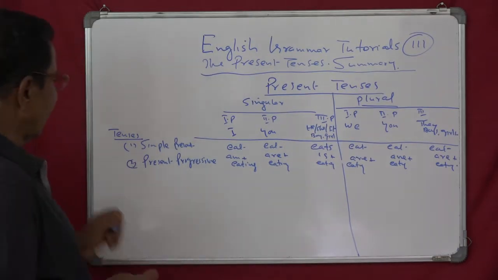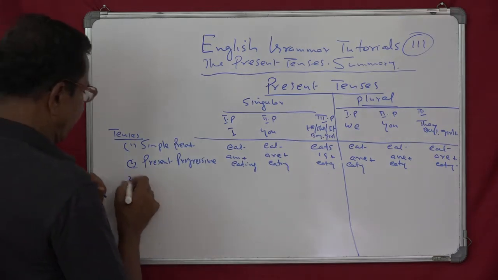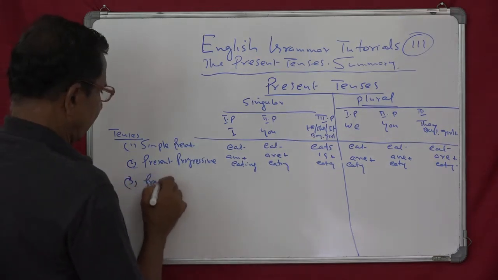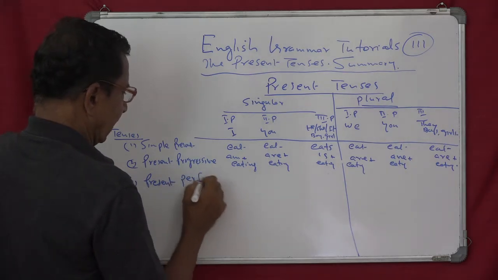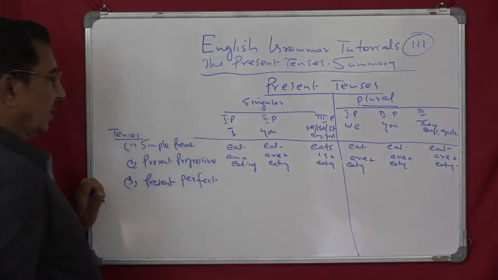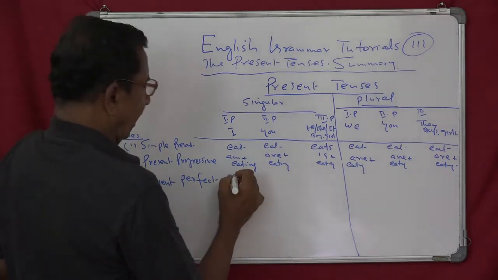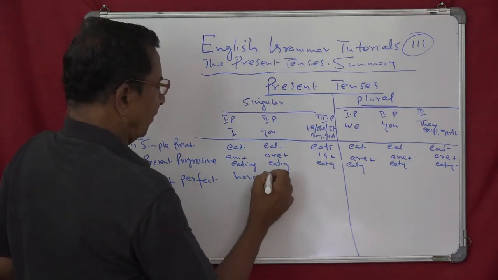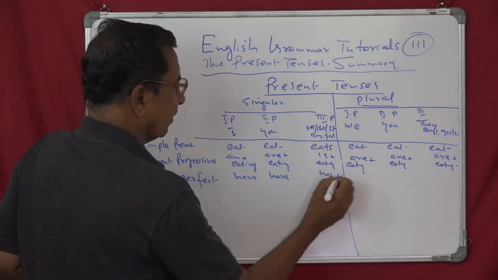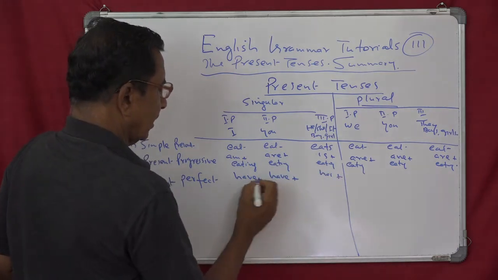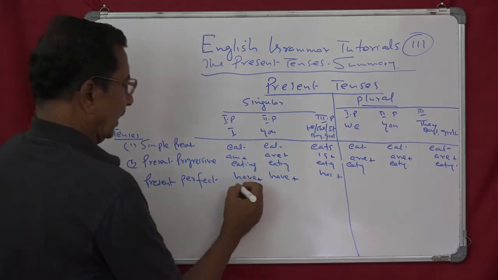Understand? Now the third is present perfect. You should know the names, look. That's why I thought of doing it like this. Present perfect tense: you have have, has, plus the past participle, eaten.